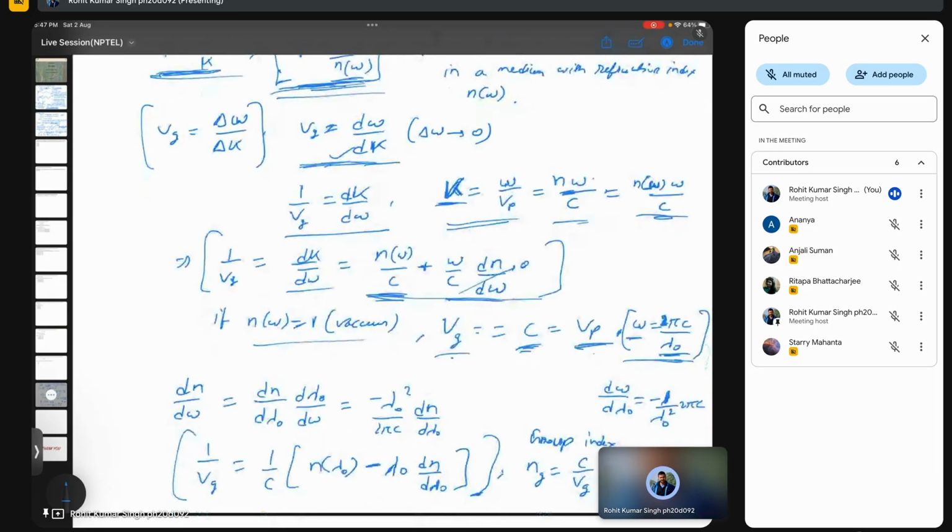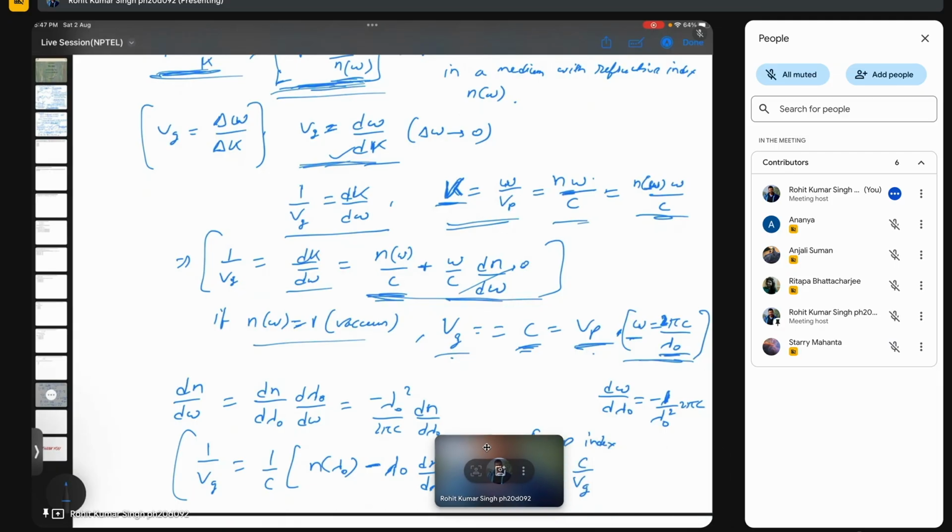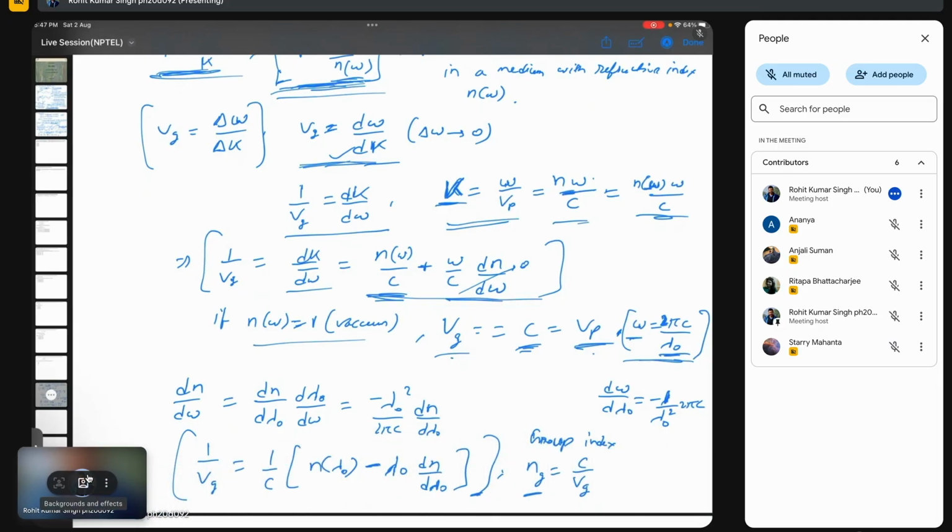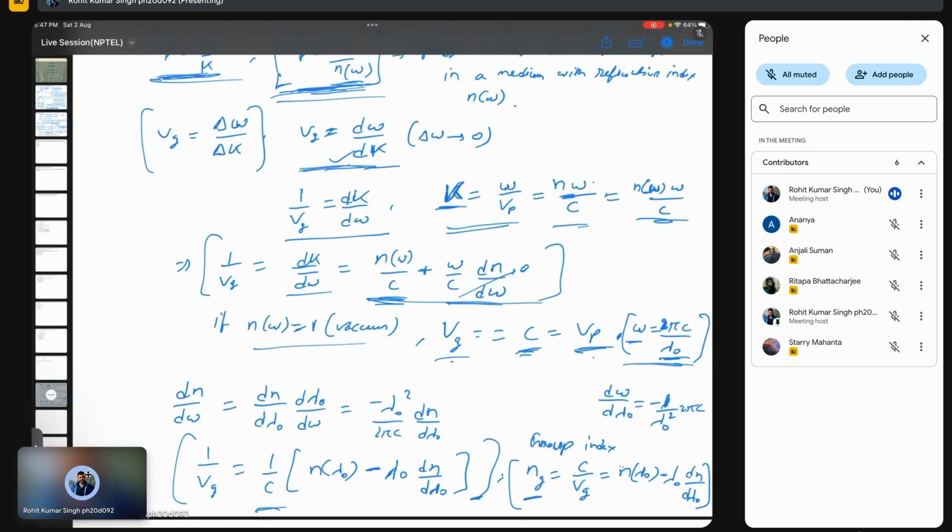Similar to that, we define a group index, which is c by Vg, the speed of light divided by the group velocity of light. From here c will cancel, so it is just n minus lambda naught dn by d lambda naught. So this is another simple expression, for the group index. Okay, so this is all.